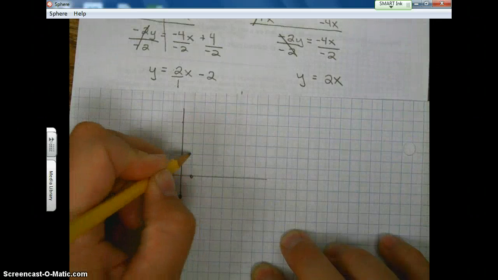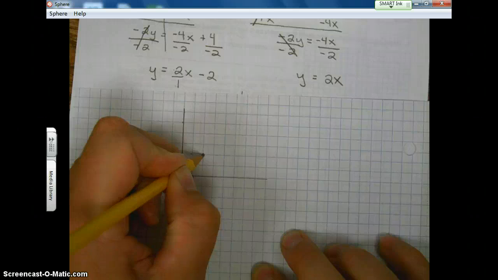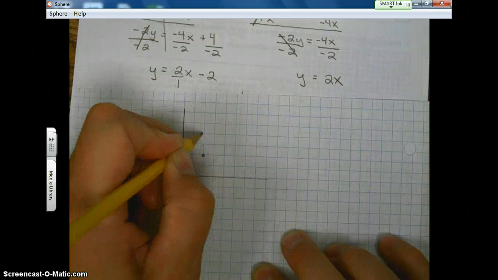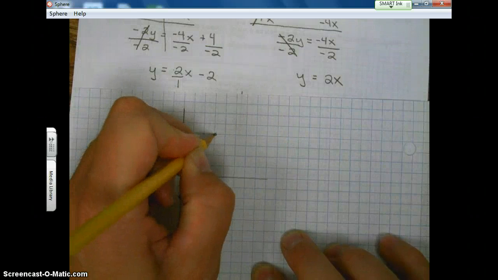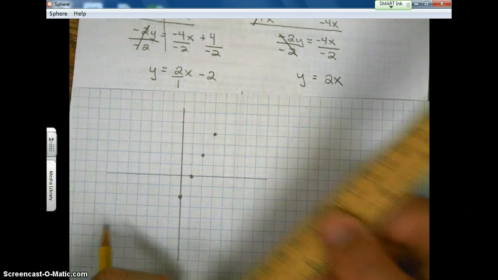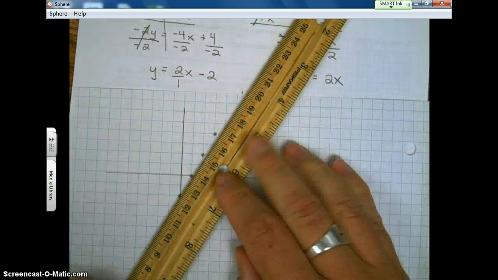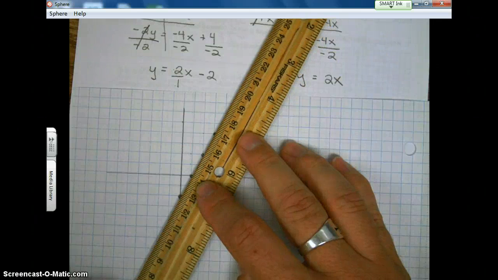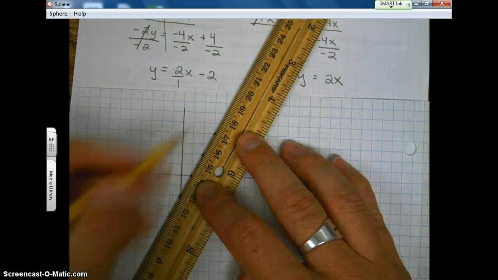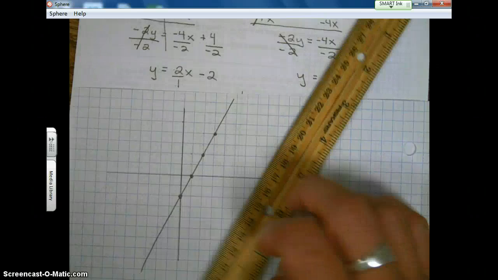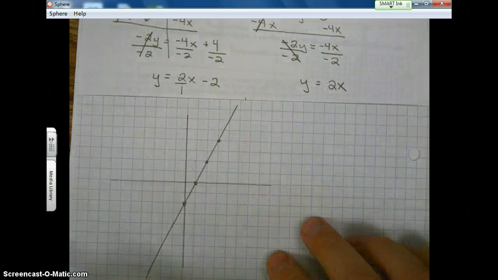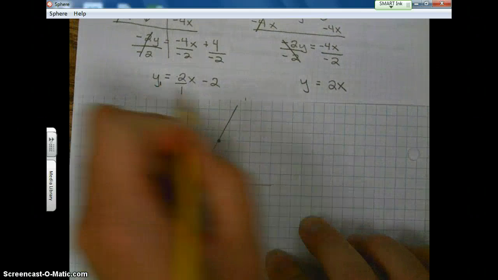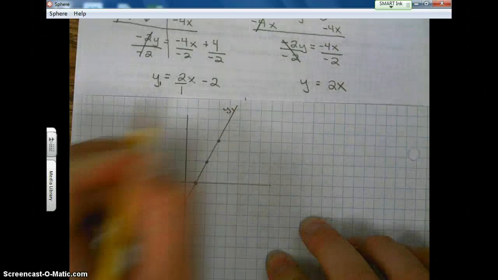We repeat that a few more times. And that is the equation for our line. We can then connect our dots. And that is this line. Let's call it y sub 1.